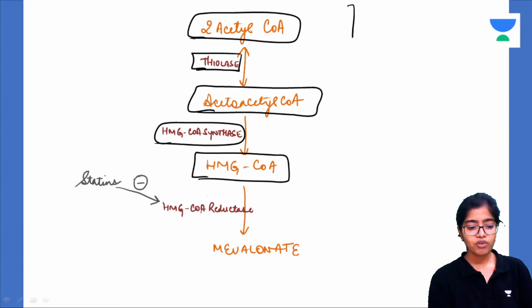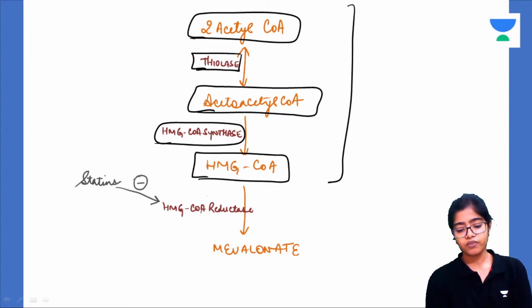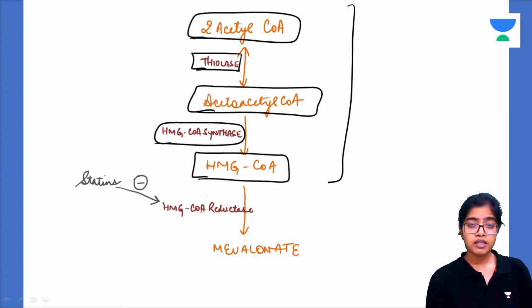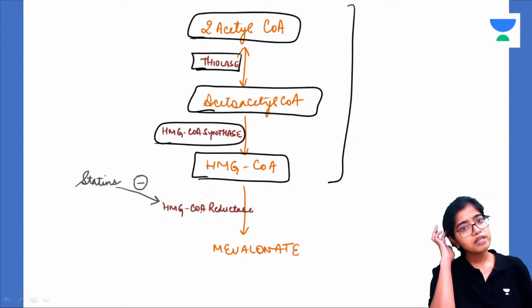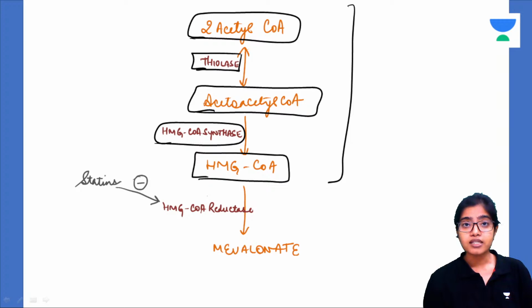Now, if you have followed me from the super fast series, does all this ring a bell? Have you seen all these intermediates somewhere else also? Acetyl CoA, acetoacetyl CoA, HMG CoA synthase, HMG CoA. We have seen them in ketogenesis, isn't it? All these steps are similar to ketogenesis. Thiolase is the enzyme involved there.